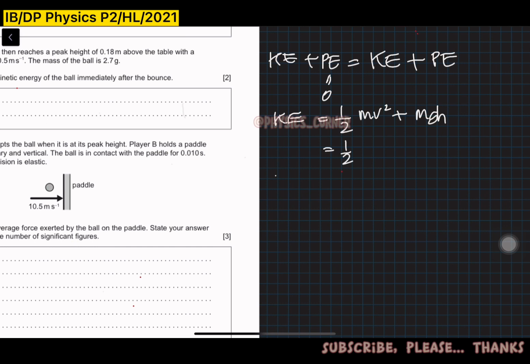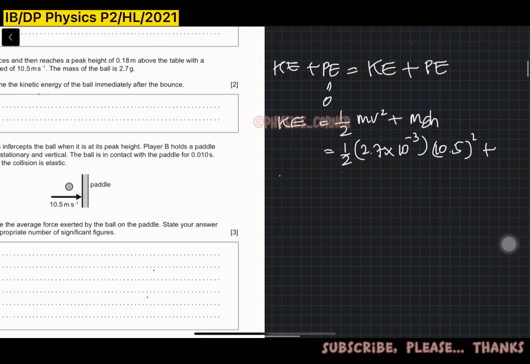So this equals: mass is 2.7 gram, we convert it to kilogram, and velocity is 10.5 squared, plus mgh again: mass 2.7 converted from gram to kilogram, gravitational acceleration is let's say 10, and height is 0.18.